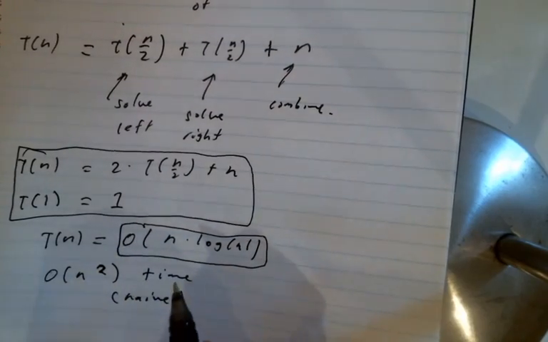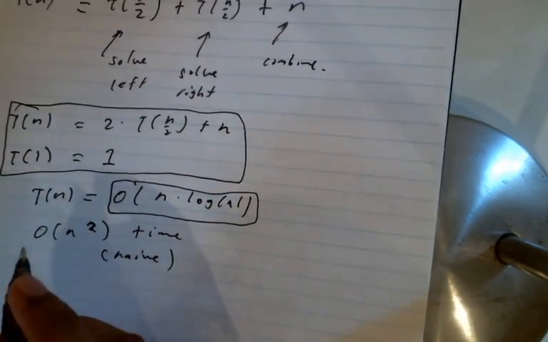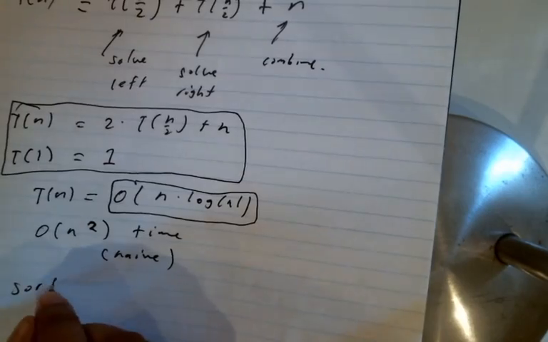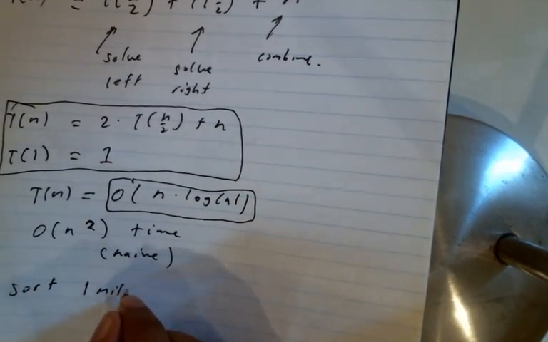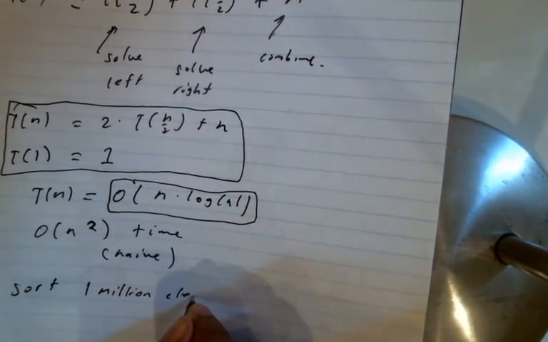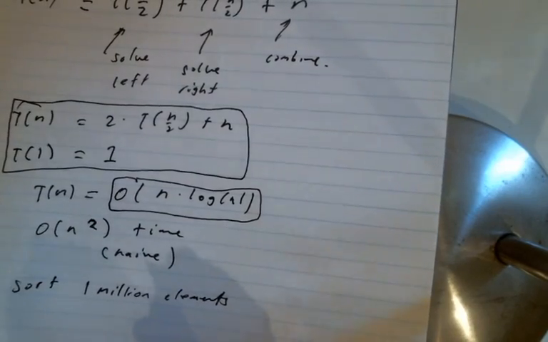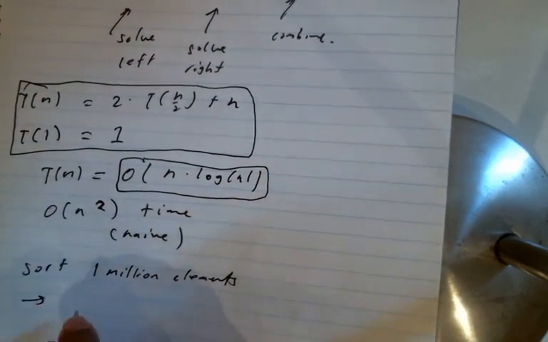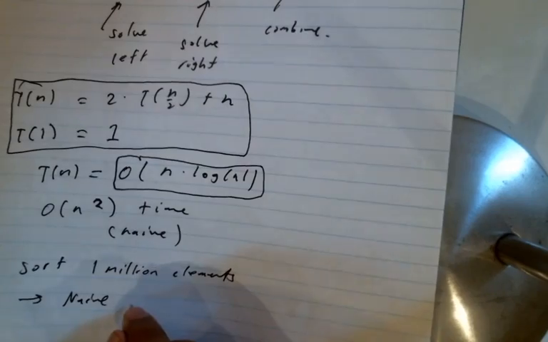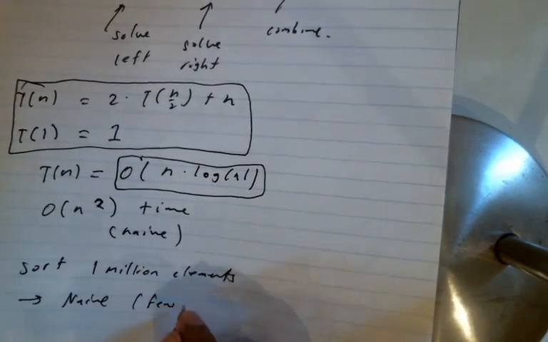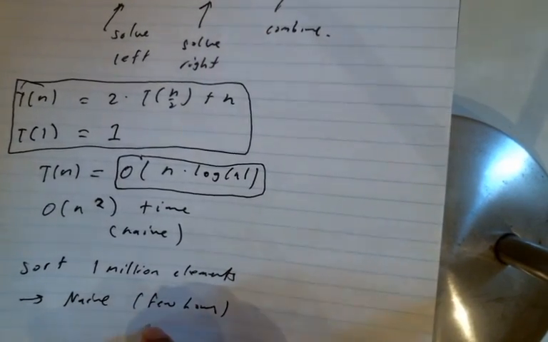And this makes a huge difference. So for example, if I want to sort 1 million elements, if I did it the naive way, it might take a few hours or more.